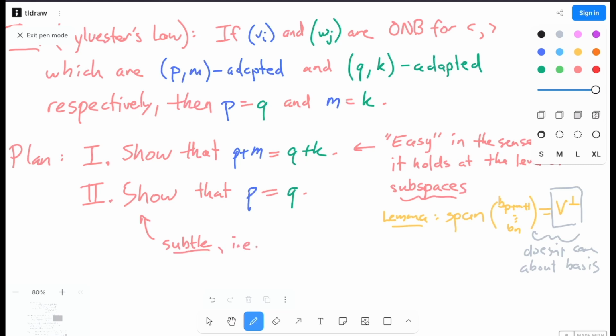It's not true that the span of v1 up to vp is equal to the span of the positive basis vectors for the other basis. We're going to prove that these things have the same dimension, but the subspaces are not equal.